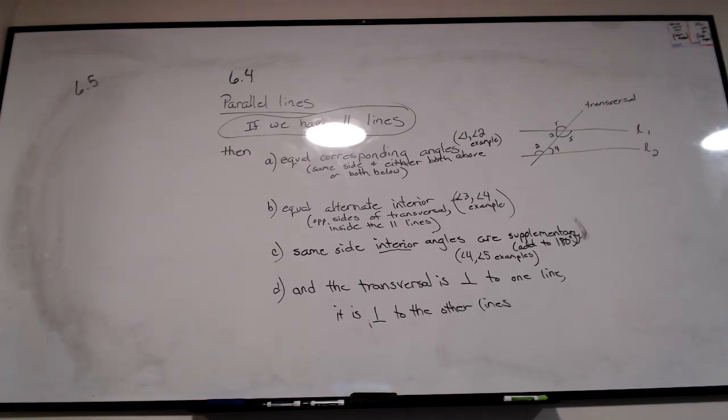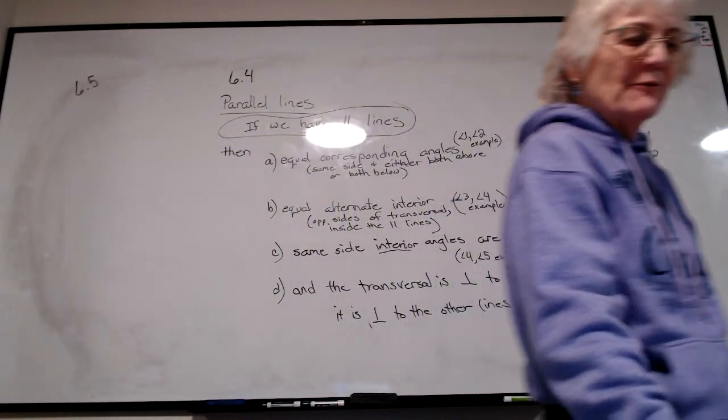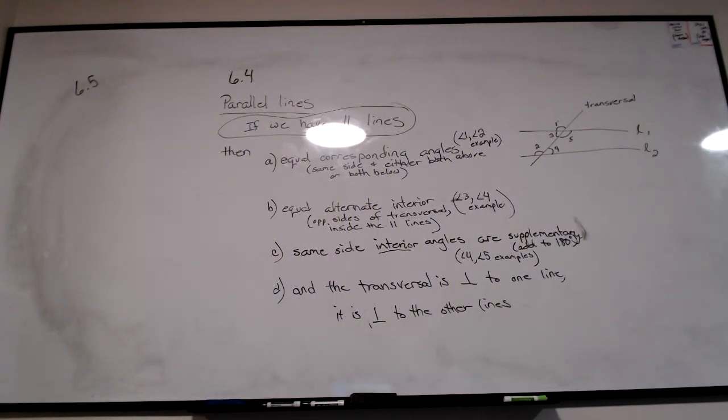So it's really going back over some of the things we talked about last week, but we went the other way. We said if they are equal, then the lines are parallel. Now we're just giving the reverse of that. It makes sense because we talked about them last week and now we're just adding the extra things. So that's really all that 6-4 is about.